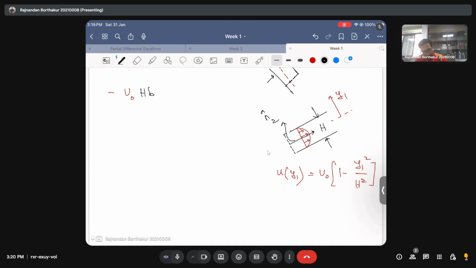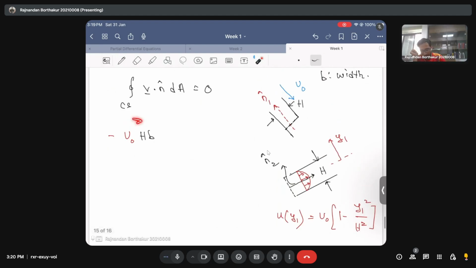Now the direction of the velocity is in the same direction as the unit normal, which means the dot product will be not -1, but +1. Whenever there is an outflow, the directions of the unit normal and the velocity vector are the same, which means the dot product gives a positive sign, opposite to the case we considered in the inflow direction.